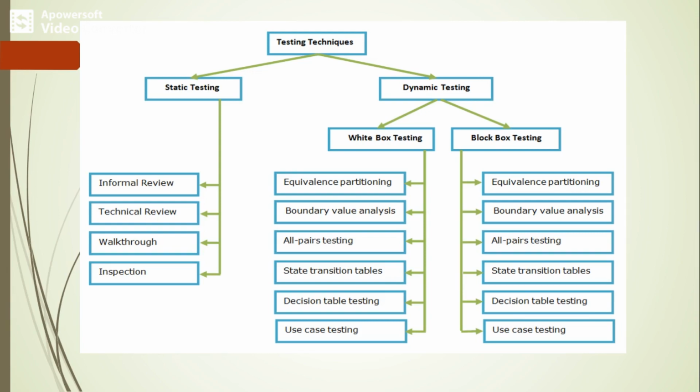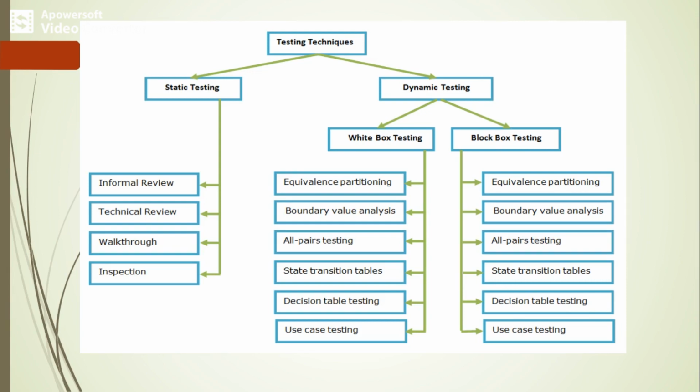We are using the equivalence partitioning technique, boundary value analysis technique, all pair testing technique, state transition table technique, decision table testing technique, and the last one is the use case testing technique. These are all testing techniques which we are using under white box testing, and the same set of some of the techniques we are using.